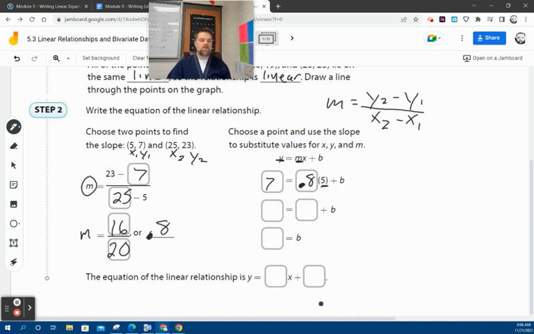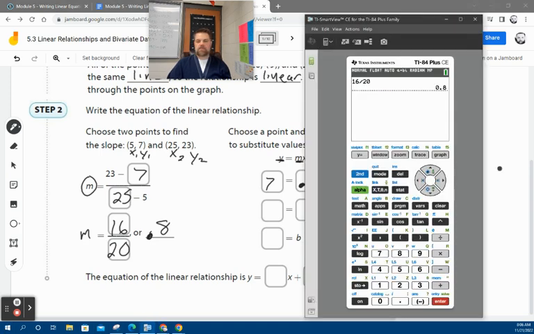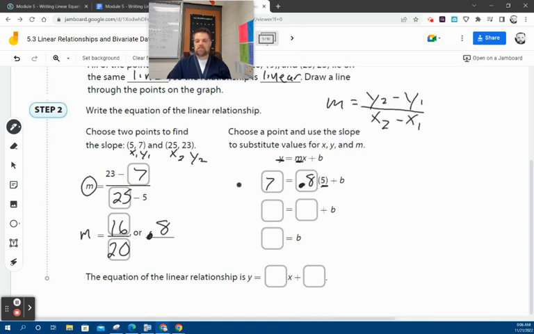Do it on your calculator real quick. 4. Yep, it's 4. All right. So now what do I do to get b by itself? Yeah, I'm going to subtract 4 from both sides. Which is it, 3 or negative 3? 3. So now what is my equation? y equals 0.8x plus 3. Oh, man, you guys are smart.